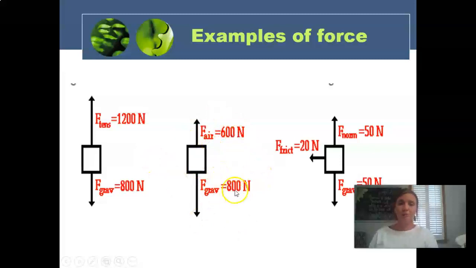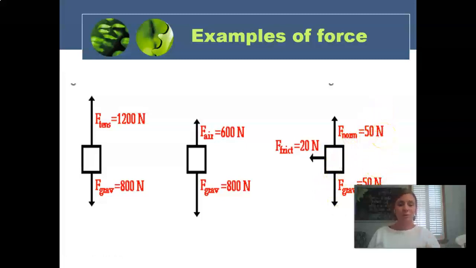This is kind of the flip scenario. So we have 600 newtons here and 800. So this object is falling towards the ground. And then finally, if we look here, we can even add another layer. Think friction, normal forces, and then gravity here. So we've got gravity and normal forces both at 50 newtons, so they're equal.